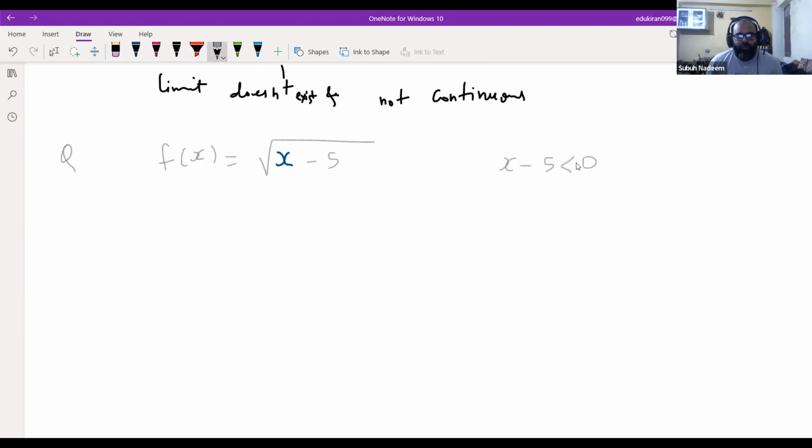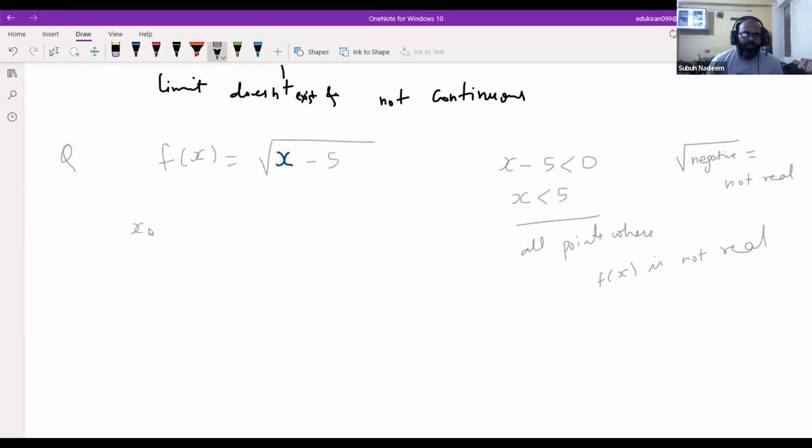The square root of a negative value is not real. So x less than 5 are all points where f(x) is not real. Now at x is equal to 5, what happens?